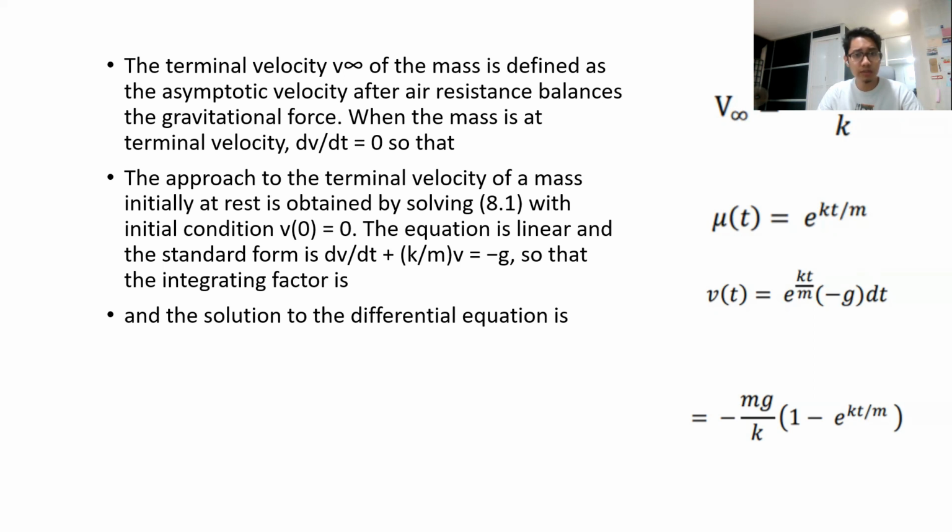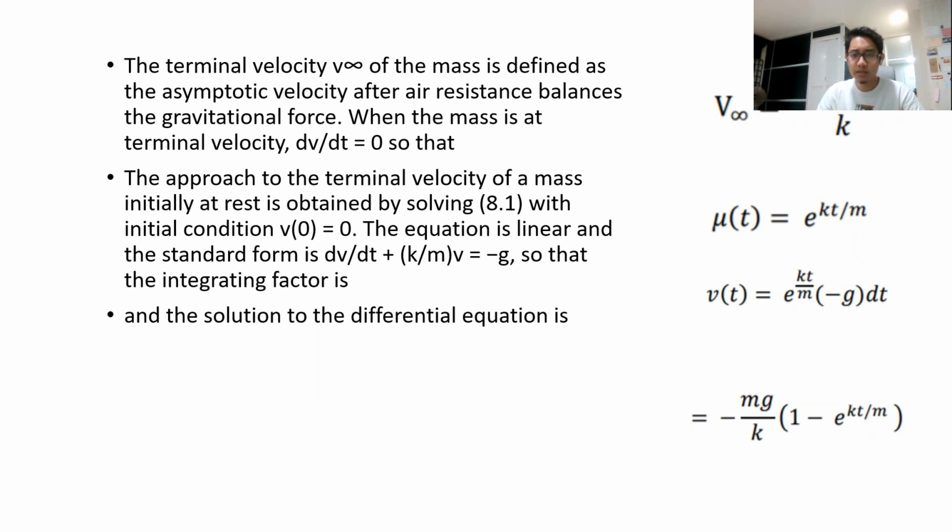The approach to the terminal velocity of a mass initially at rest is obtained by solving equation 8.1 with initial condition v0 equal to 0. The equation is linear and the standard form is dv/dt plus k over m times v equal to negative g. So the integrating factor is, as we can see in the third formula, mu(t) equals e to the power of kt over m.